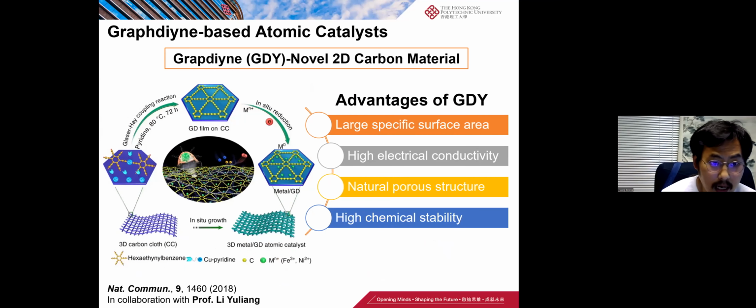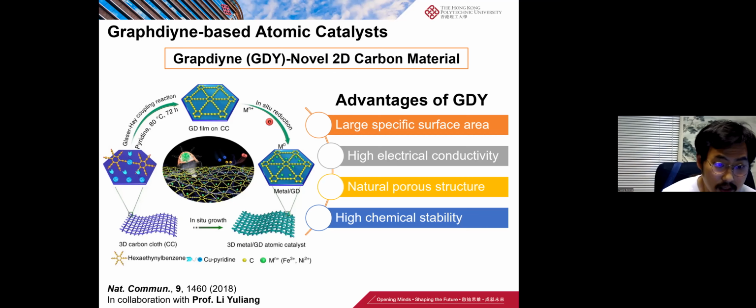Among all the carbon materials, graphdiyne has shown significant contributions to different energy storage and conversion systems. GDY is an abbreviation. So GDY is a promising support material for atomic catalysts. Why? This is due to the intrinsic advantages of that material in both lattice structure and electronic properties.